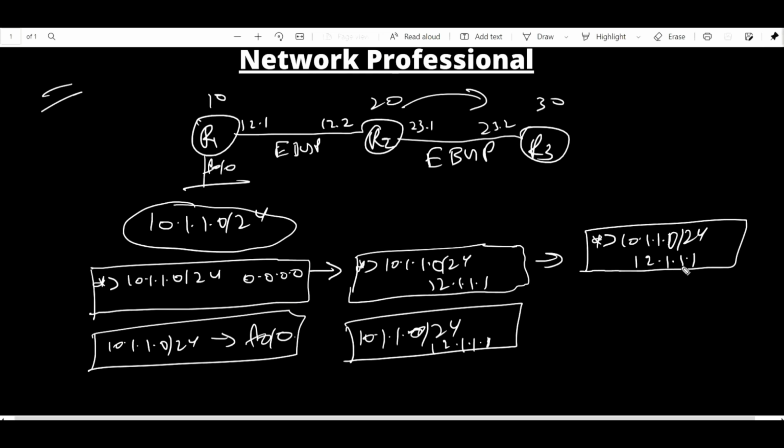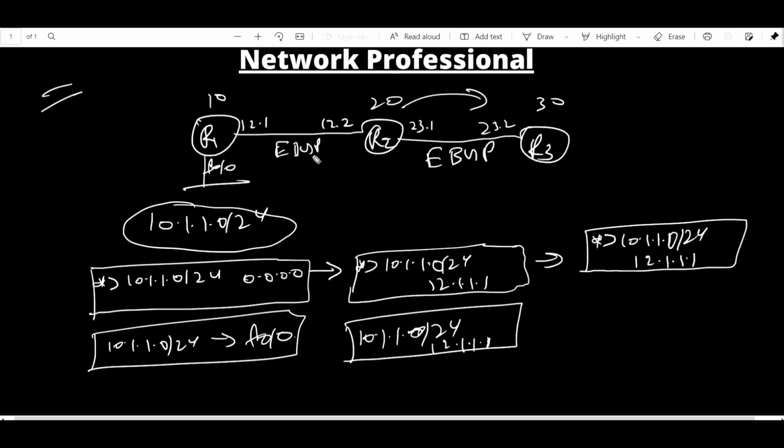I am talking about iBGP. This is the next hop rule in iBGP. So the rule is, whenever a router will share a prefix with their eBGP neighbor, sorry, I am not talking about iBGP right now, I am talking about eBGP, right?